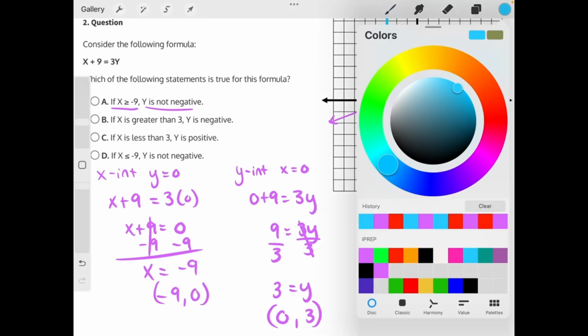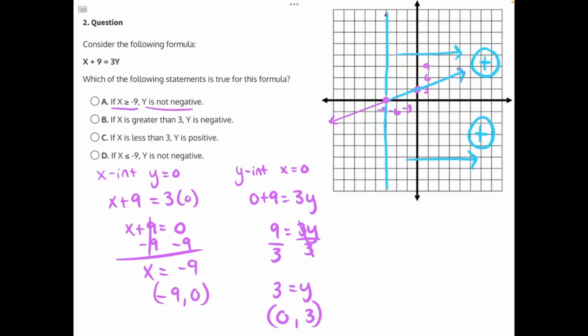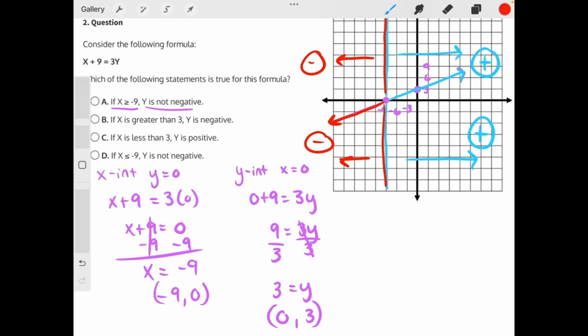And then everything to the left of this point is going to be negative. All of this are negative values. And that will help us as we're going through our answer choices in identifying the true statement.